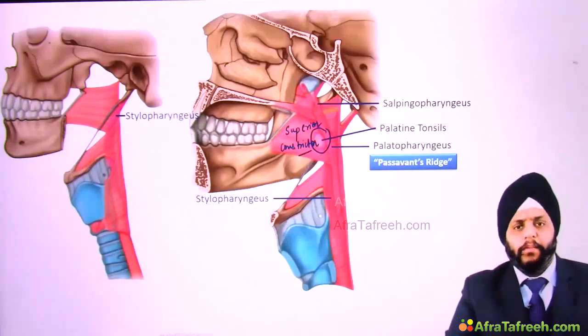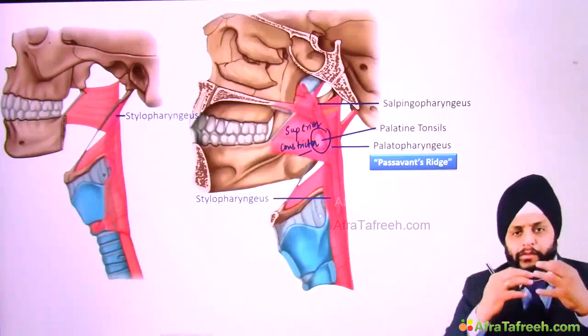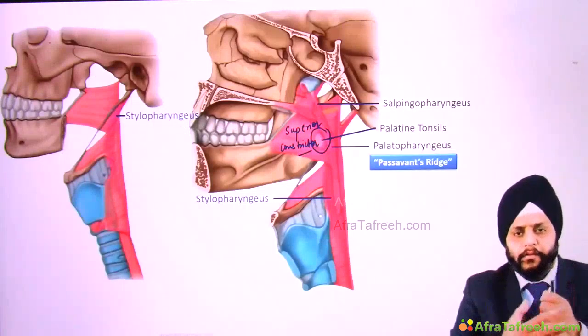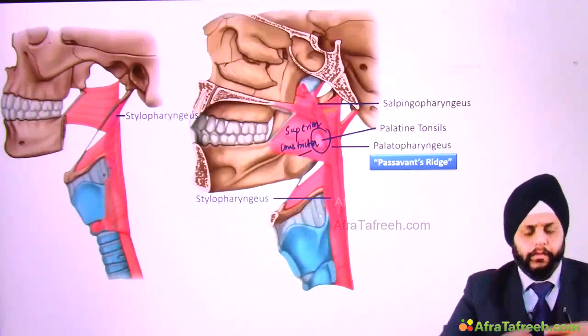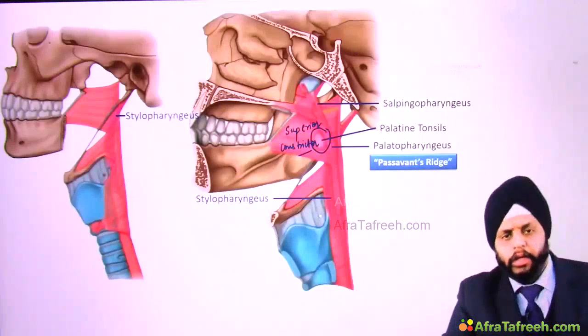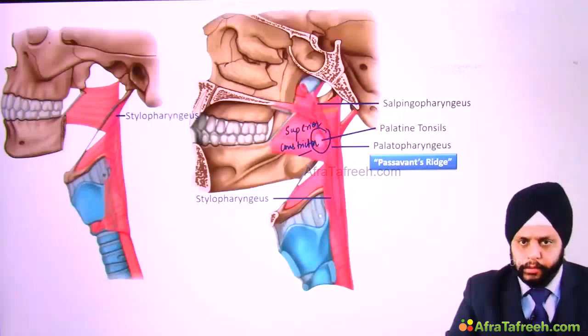So just remember for future reference that the superior constrictor muscle forms the bed of the palatine tonsils, right? That knowledge we will use later on when we study the palatine tonsils.